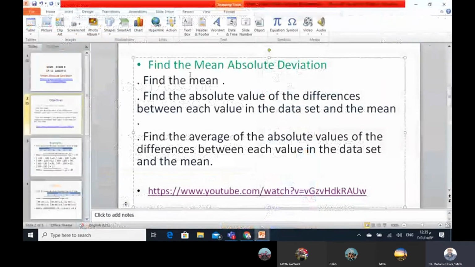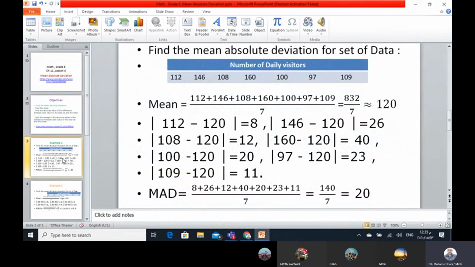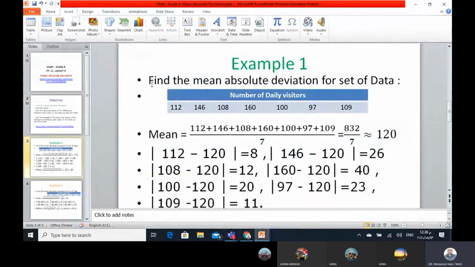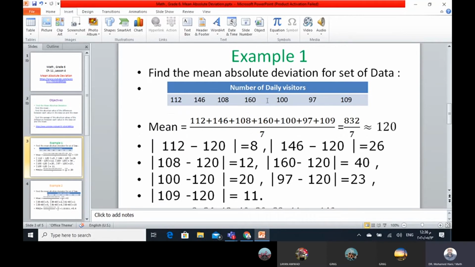Okay, this is the meaning of these steps. Now we have this example 1. The question here: find the mean absolute deviation for the set of data. The data here inside the table is the number of daily visitors.